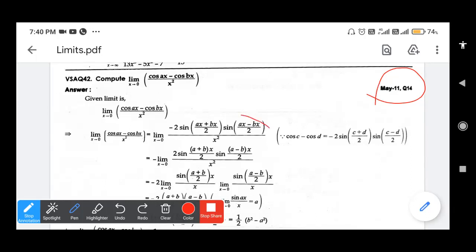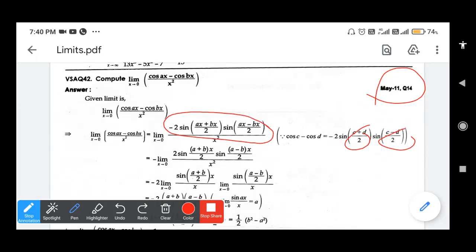So we applied the formula in numerator. Cos c minus cos d is equal to minus 2 sine (c plus d) by 2 sine (c minus d) by 2. Okay. Now from this one, take x as common. Okay.